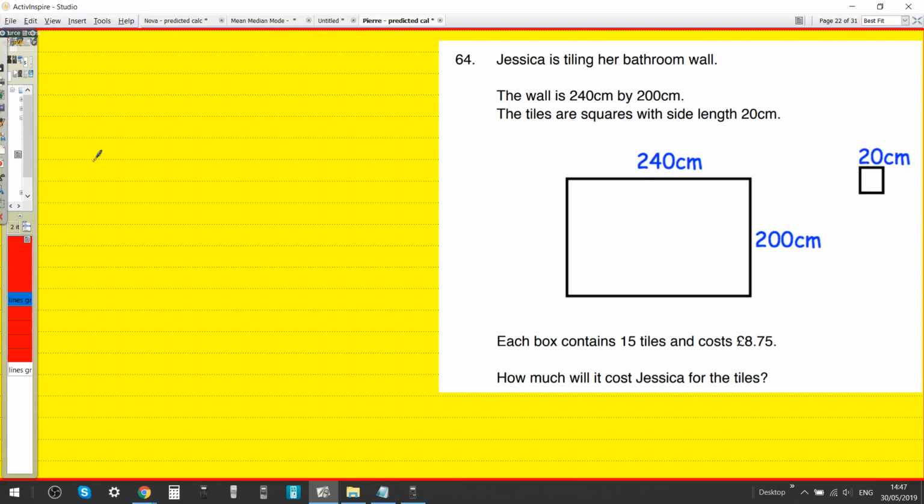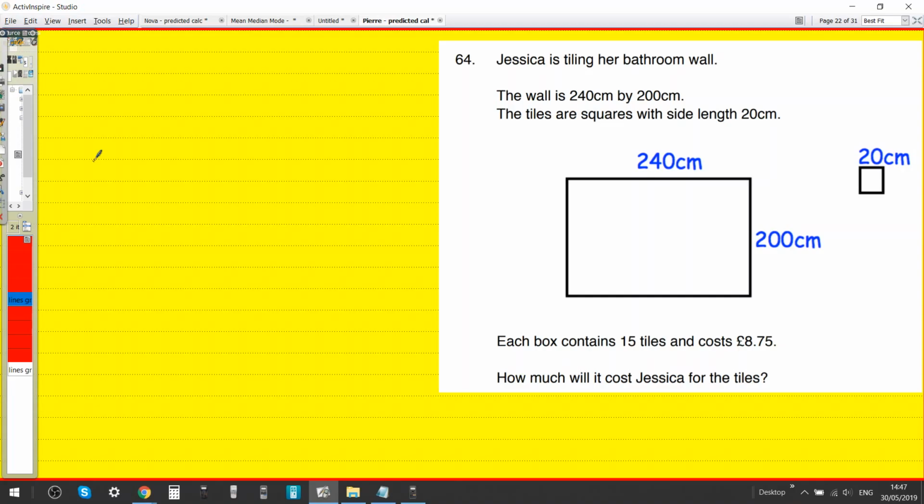So basically, the length of the tile is 20 centimeters. So 240 divided by 20 is 12.